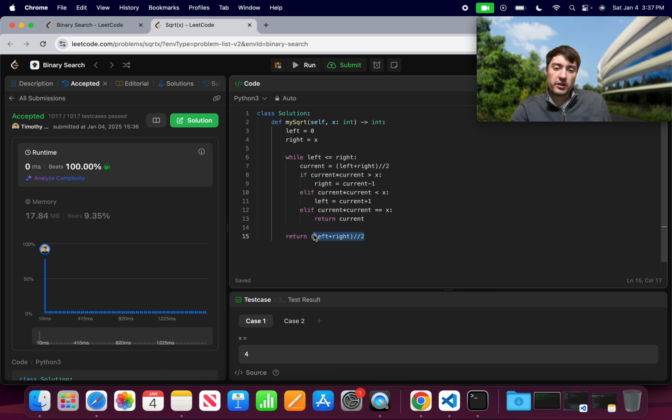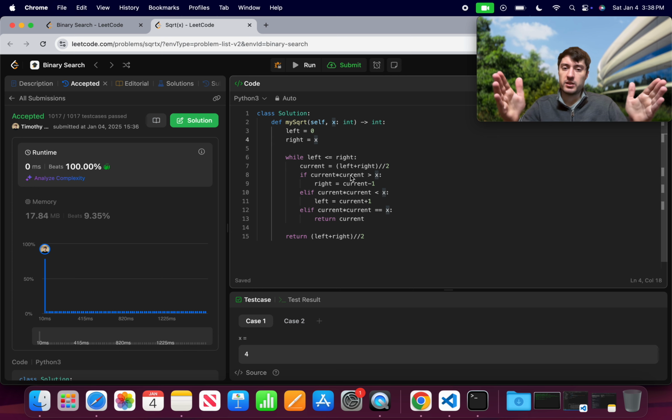I'm also curious if I just did, oh, but this is left plus 1. I always get off on these -1s, +1s, and trying to wrap my head around how each iteration is happening. So if x is 10, I have 0 and 10.